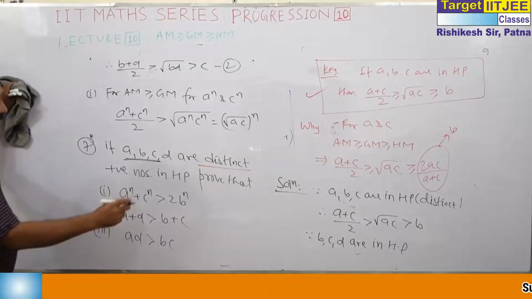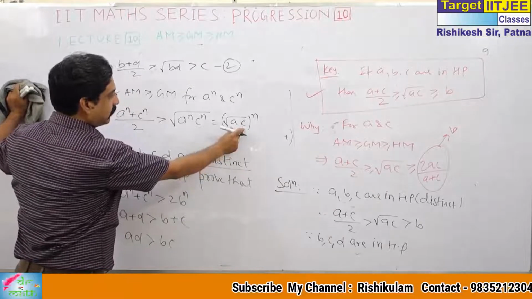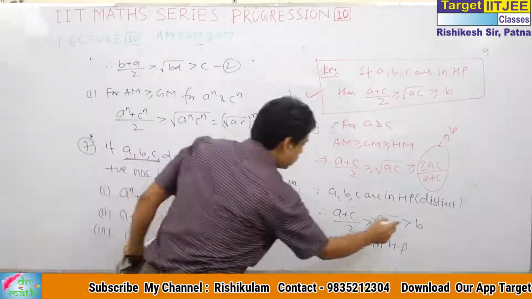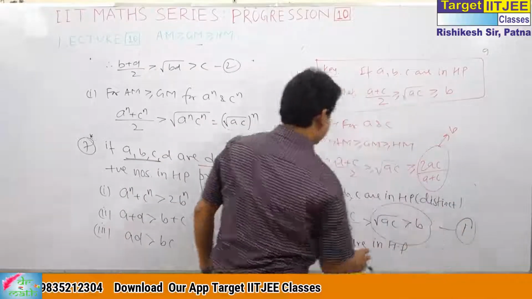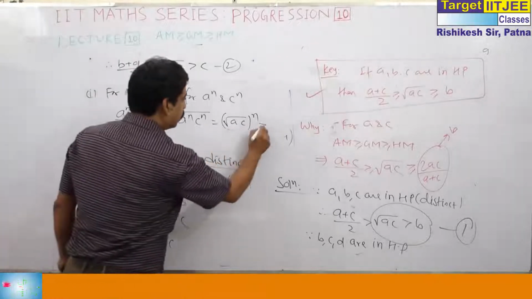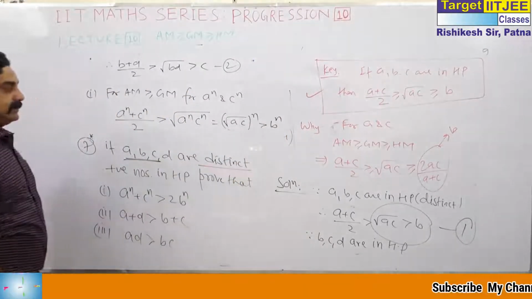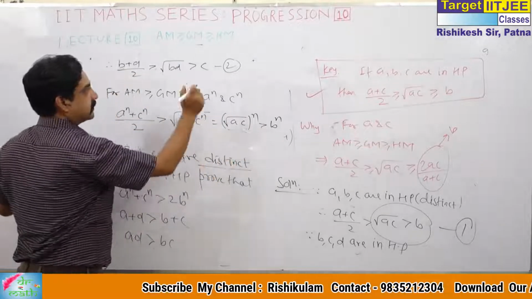Now see, root AC is greater than B, so we can write B to the power n. This greater than this greater than this.